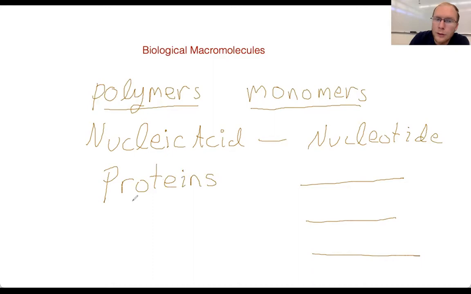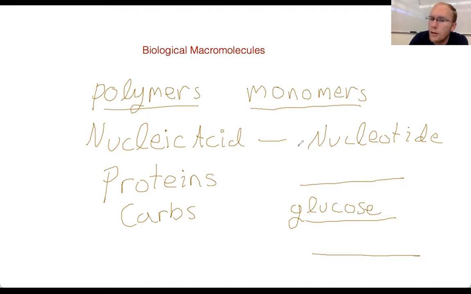And then also today we're going to talk about carbohydrates. Their monomers are called saccharides. And in humans, they're made out of glucose. But in general, you should know both the word glucose, but also the general term, which is saccharides.